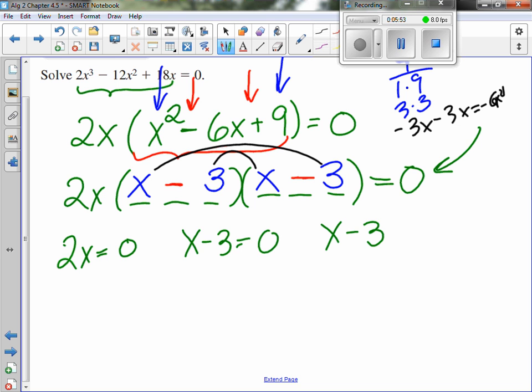If one of these three statements, 2x equals 0, x minus 3 equals 0, or x minus 3 equals 0, is true, then the equation above it is true.